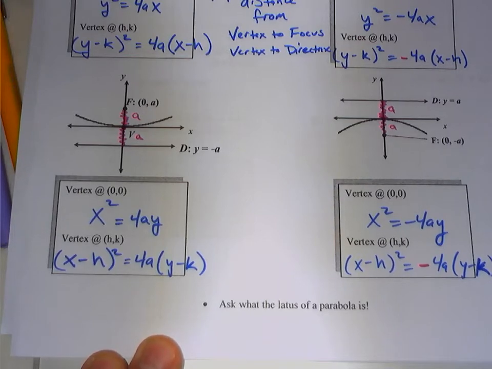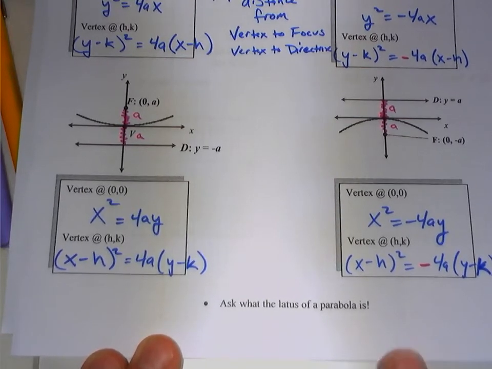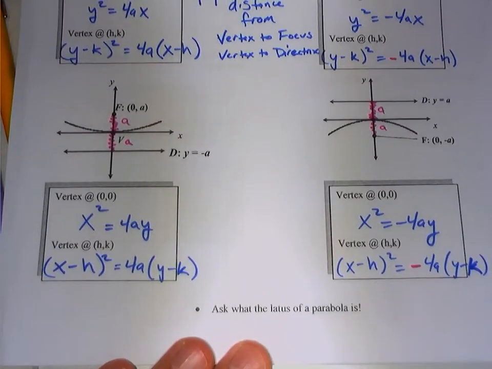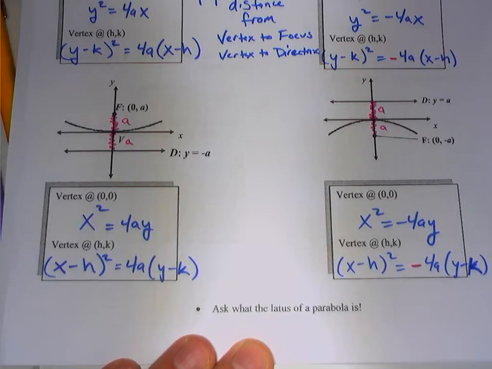Okay. Now, the lattice of a parabola is really an HPC question. They'll ask you to come up with 2 points on the parabola using the lattice. And I call it the lattice because the full name is the lattice rectum. And I really don't want to say lattice rectum all the time, okay, for obvious reasons.